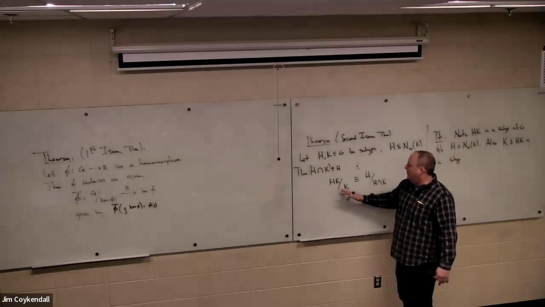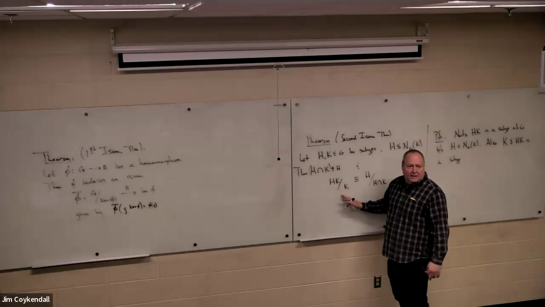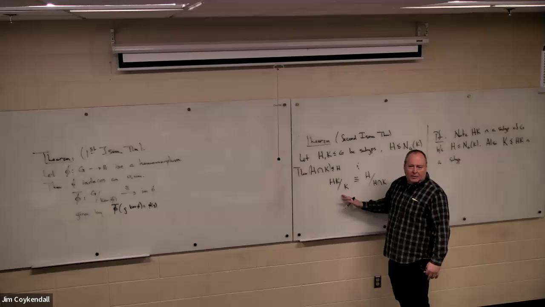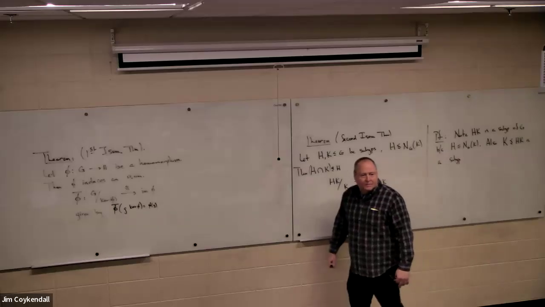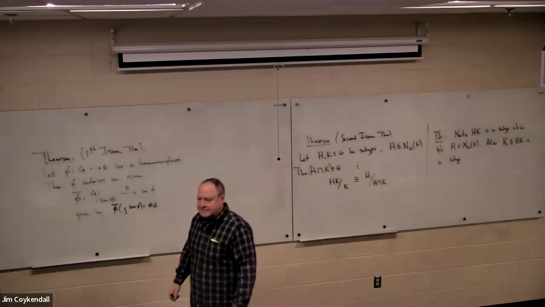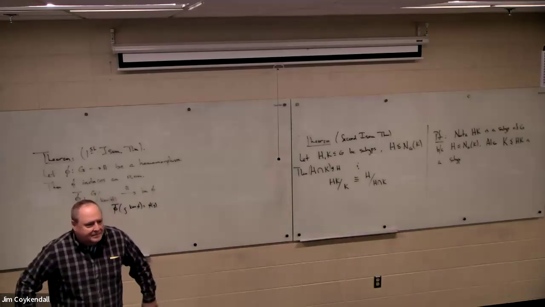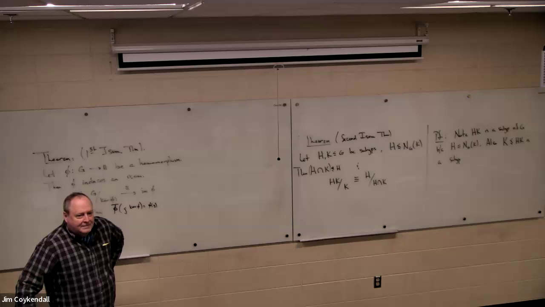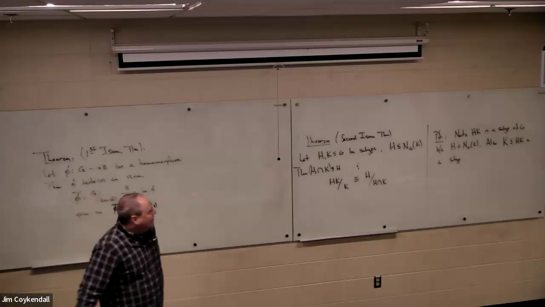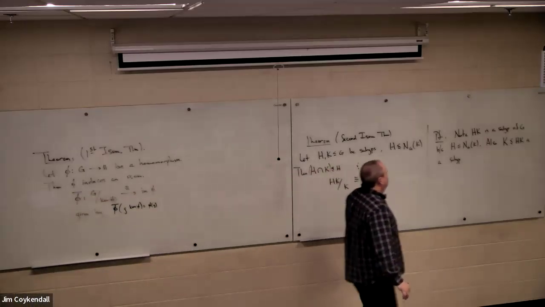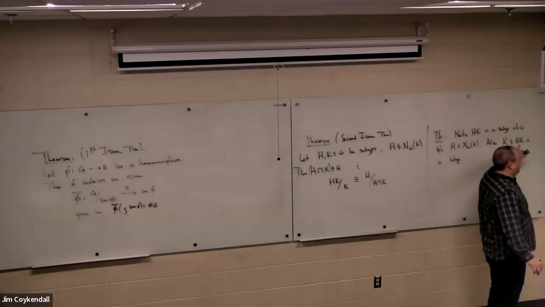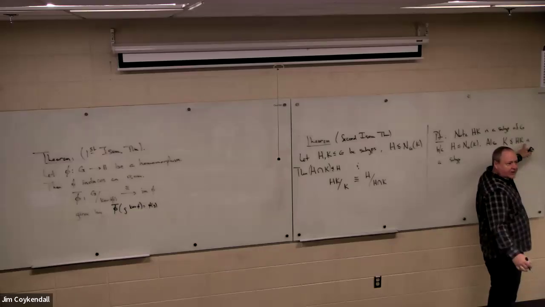For us to even discuss this, I need K to have what property as a subgroup of HK? Good. It has to be a normal subgroup, right? Certainly K is contained in HK because any k in here is of the form identity times said k.